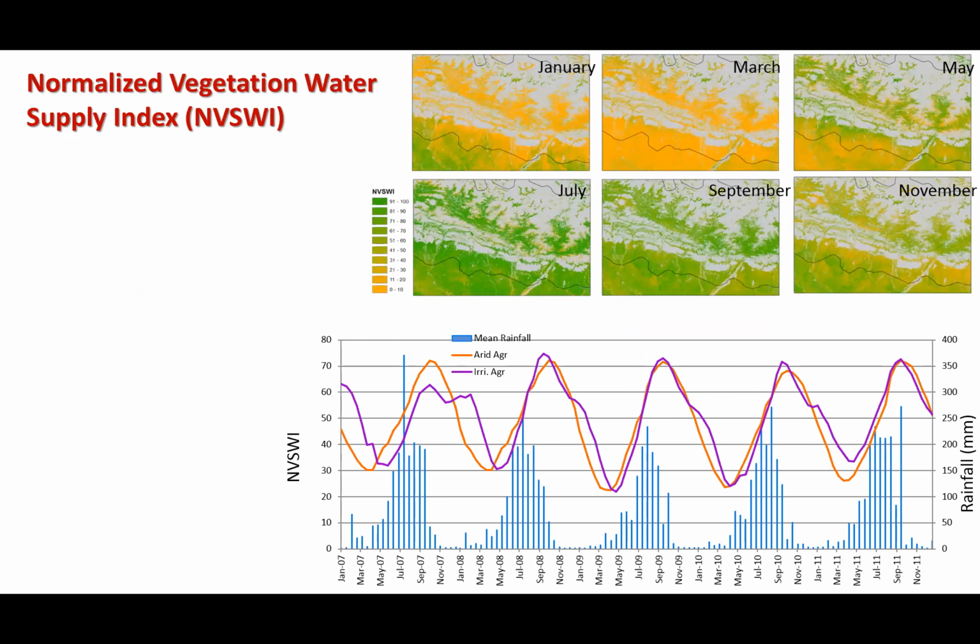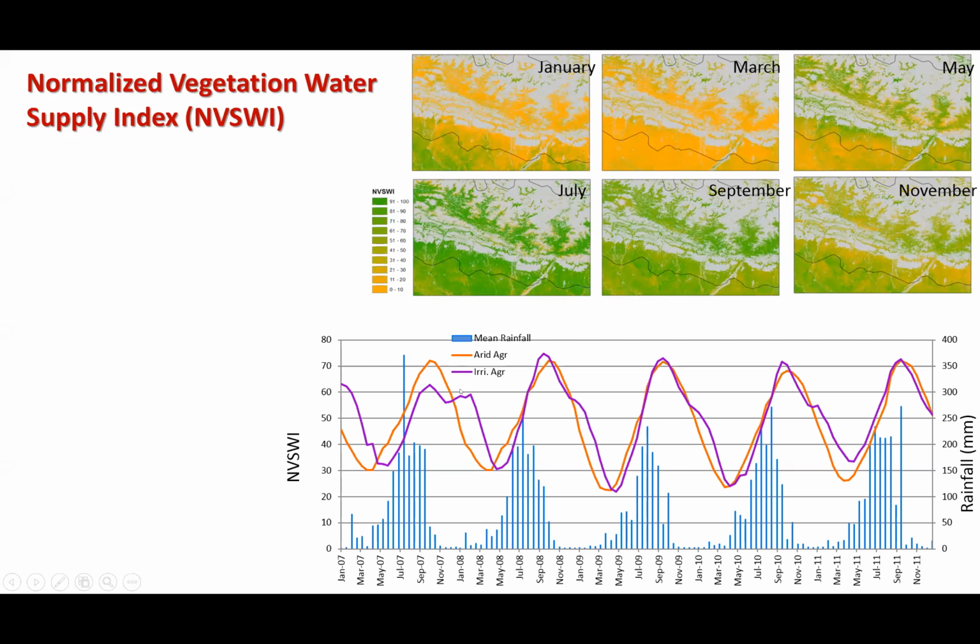When we try to apply those kinds of indices, for example this normalized vegetation water supply index, in a particular environment, for example where we have an irrigated system and a non-irrigated system, we can see that in the irrigated system vegetation maintains its moisture for a longer period of time, as you can see at this cursor.